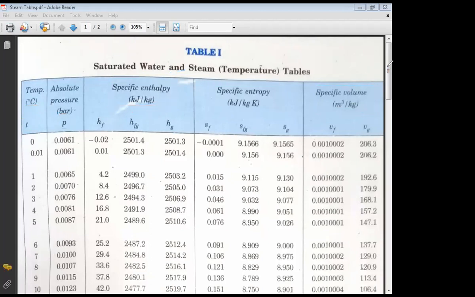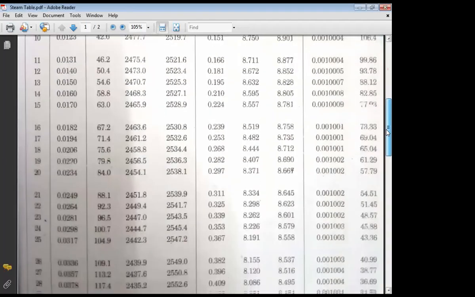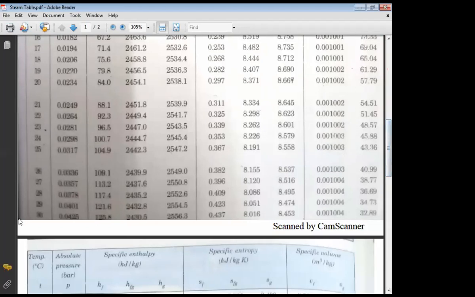for that purpose, here as my dry bulb temperature is 30 degrees centigrade, the corresponding pressure is equal to 0.0425. So the pressure corresponding to dry bulb temperature will be called the value of PS.